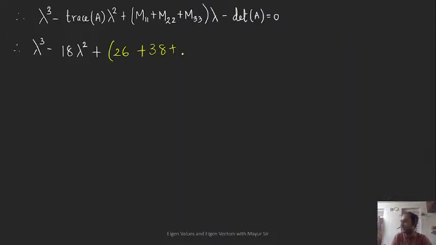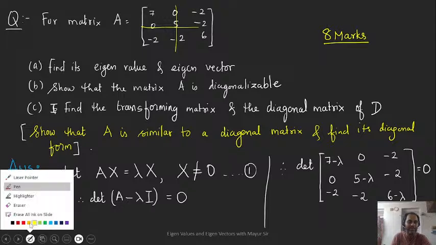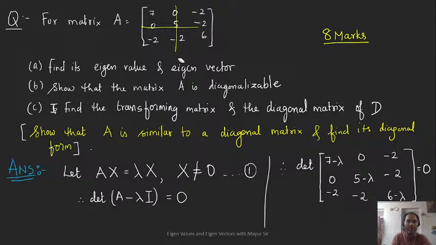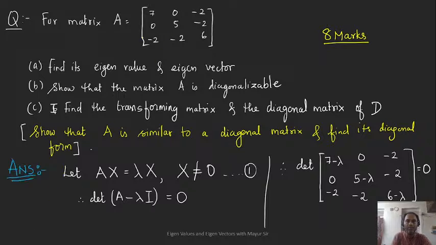What about M33? For M33, what you need to do is delete the third row and the third column. When you delete them, what do you get? 7 times 5 is 35. Are you comfortable with this? 35 is the answer that we get.